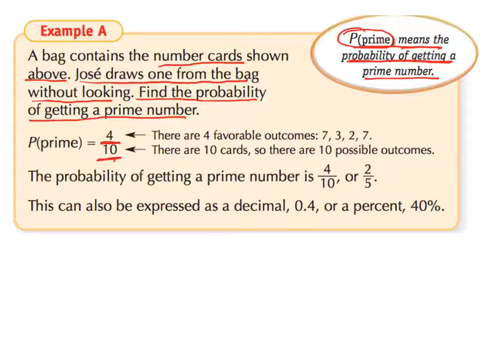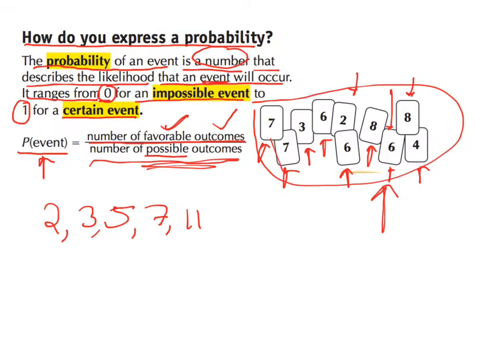Now he has to pull out a prime number. So how many prime numbers are there? There are 2 cards numbered 7, and 7 is a prime number. So there are 7, 3, 2, 7. That is 4 prime numbers.